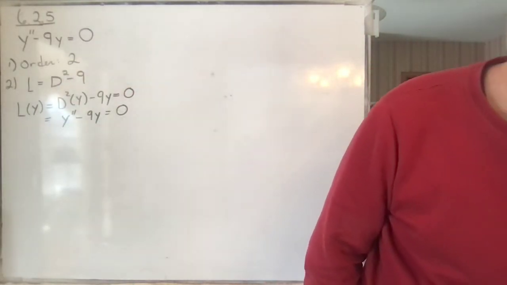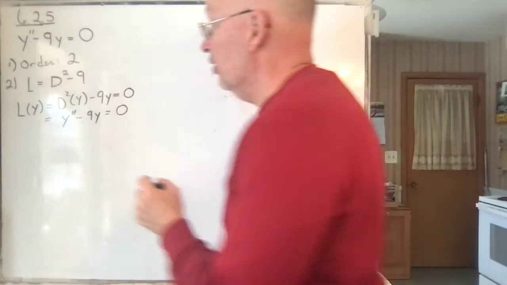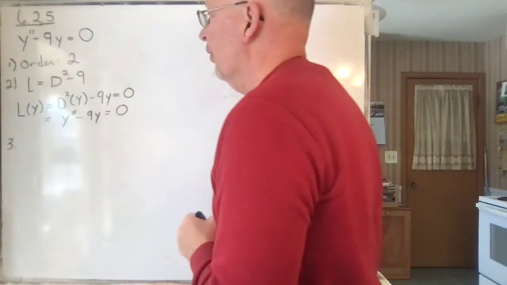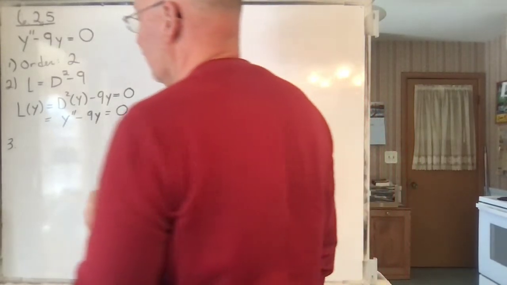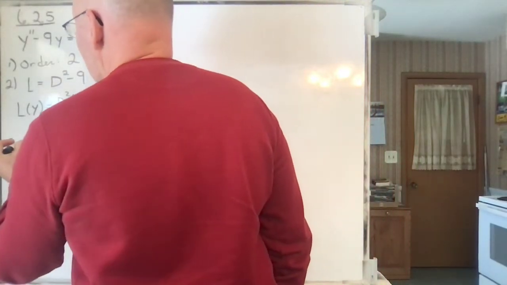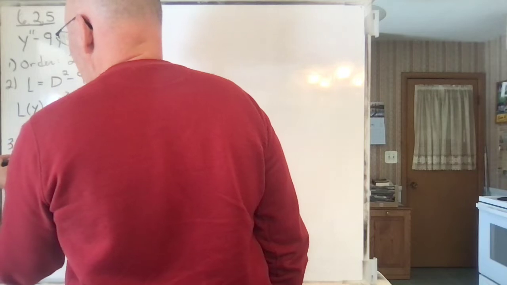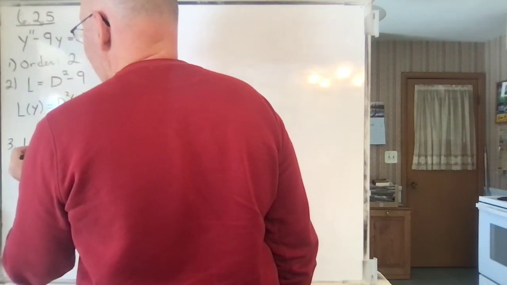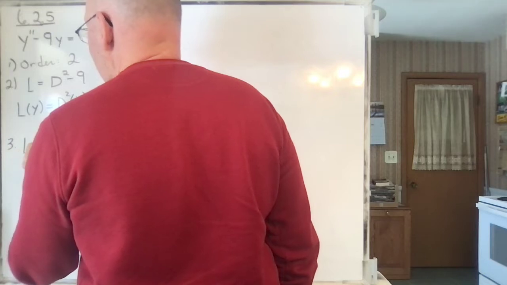Okay, number 3, show that L is a linear transformation. So how do we show that L is a linear transformation? Well, let's take two different functions, y1 and y2.